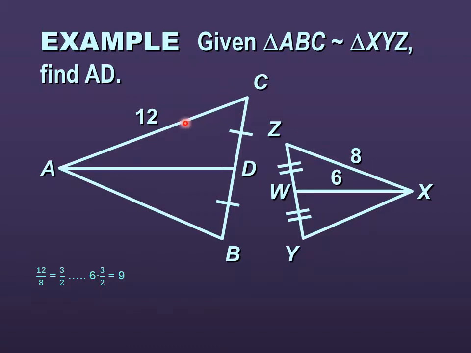To get from 8 to 12, we multiply by the ratio: 8 times 3/2 equals 12. To get to this median, we multiply by 3/2 again. 6 times 3/2 is 9. So the length of AD is 9.